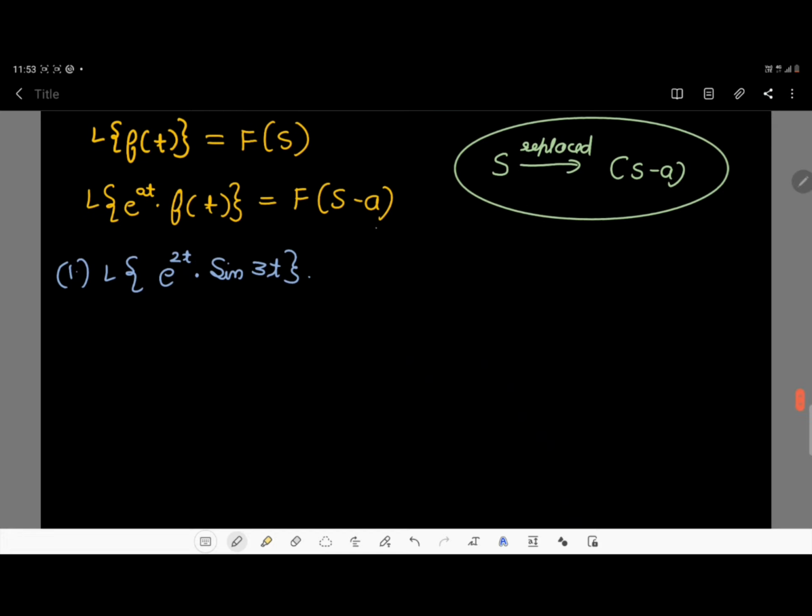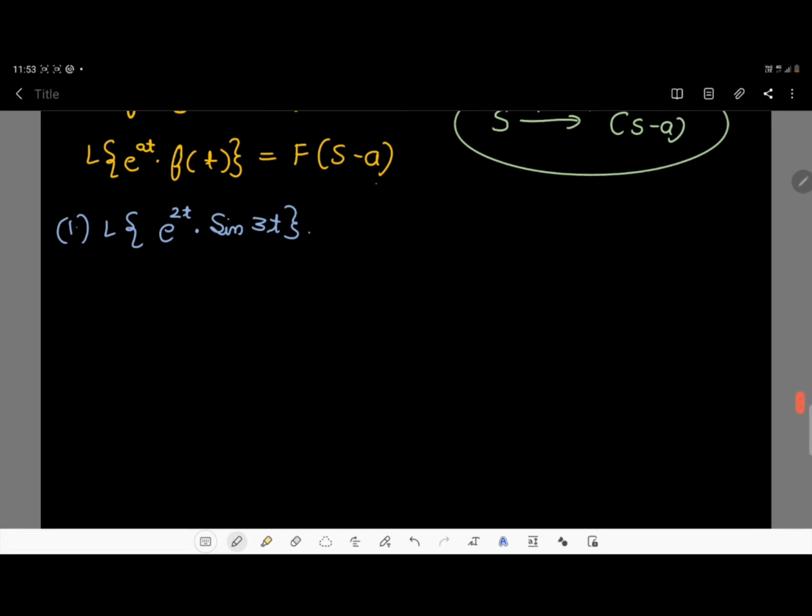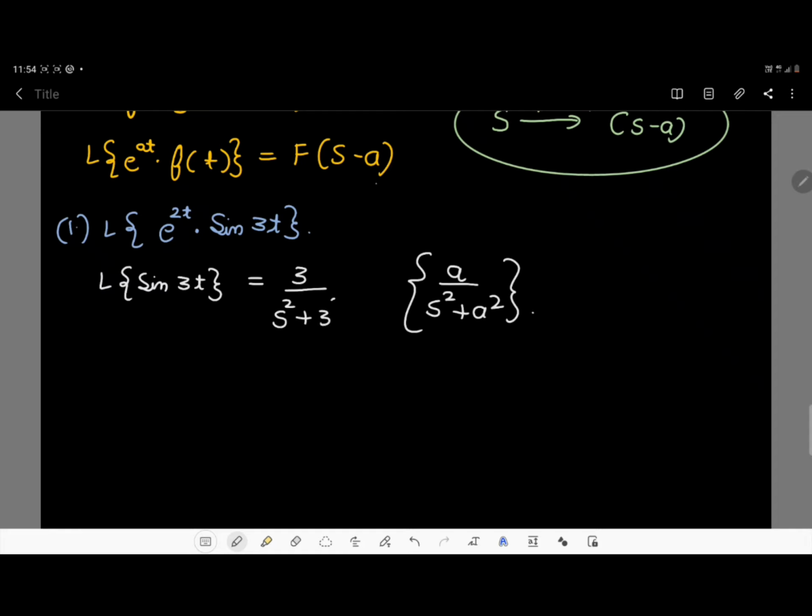So how to use it? The first step is the same: use the formula of sine. This is the Laplace transform of sine of 3t. What is the formula? a upon s square plus a square. Now write the values: 3 upon s square plus 3 square.